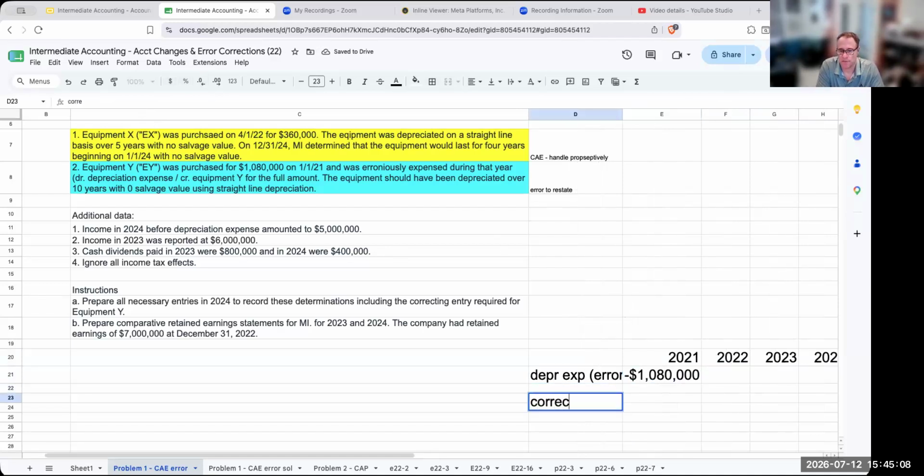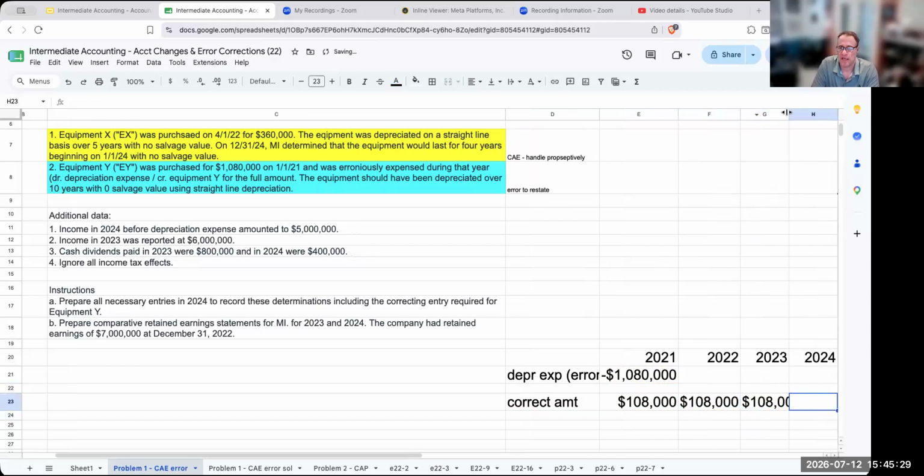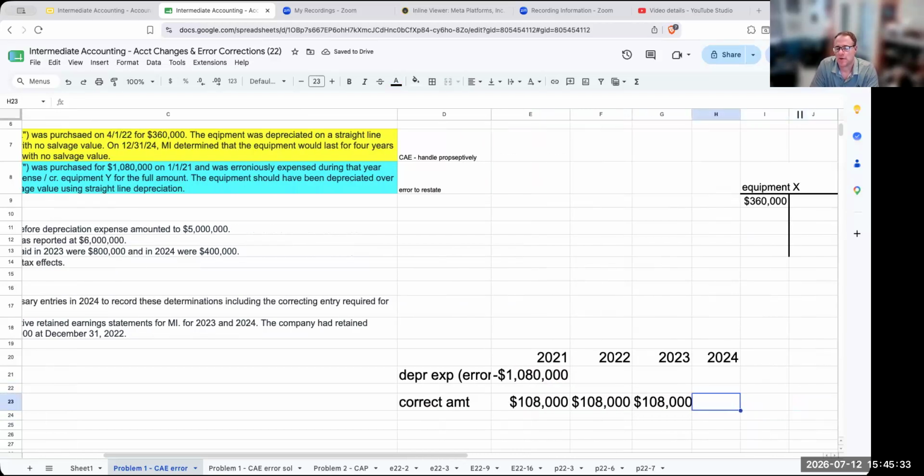The correct amount should have been $1,080,000 divided by 10, or 108,000. And I should have done this for every single one of these years.